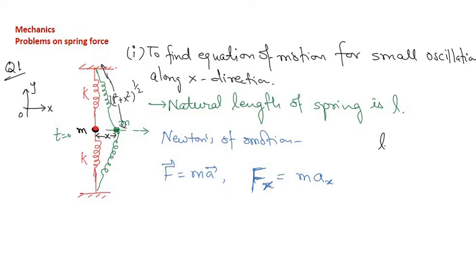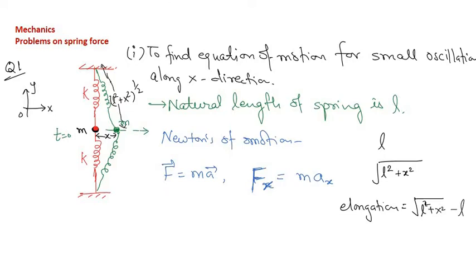Initially its length was L, and finally its length was the square root of L square plus x square. Then the elongation will be the square root of L square plus x square minus L. That is the net elongation of the spring.